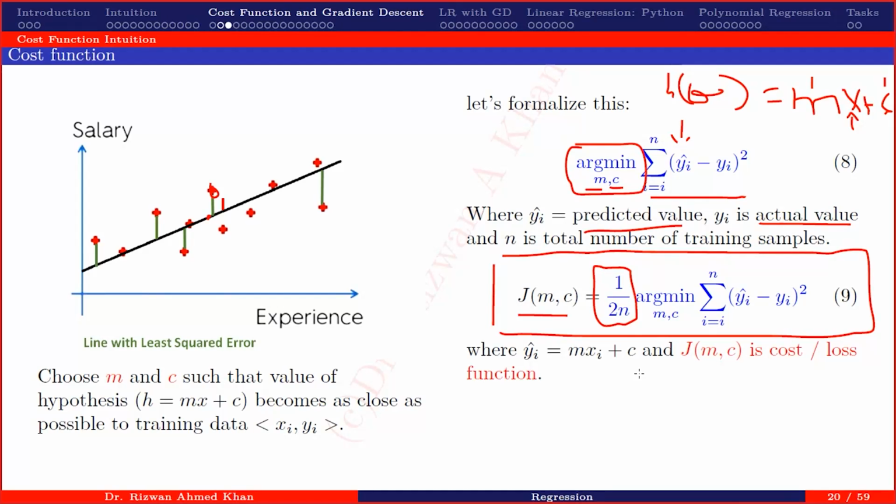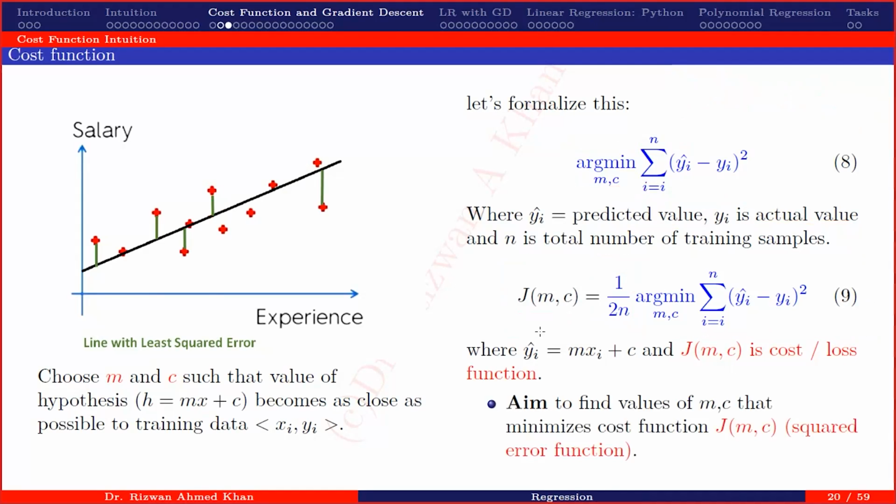So mathematically there is no difference, but for convenience we add 1 over 2n, and you'll see why I'm adding 1 over 2n over here. Right. And our aim is to find values of m and c, because of argmin, this is our optimization problem. We are trying to find values m and c that minimize this cost function or squared error function. Right. We are using squared error, you can see.